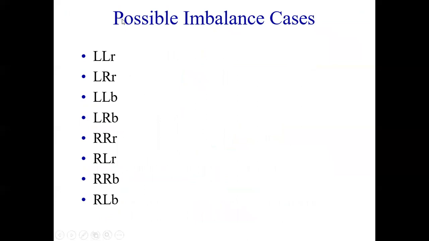What are the imbalances? Totally you can see there are 8 types of imbalances. The first type of imbalance is called LL imbalance. So what is LL imbalance? We identify totally 3 nodes.